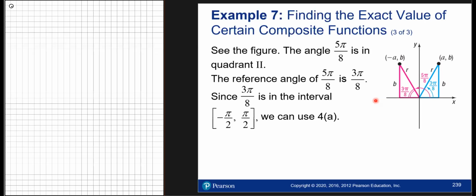But in 5a, be aware that the angle theta has to be between 0 and pi inclusively. And with cosine inverse, just like with sine inverse, our values are restricted from -1 to 1, and that can't change. Here, we can do a reference angle to get us there.